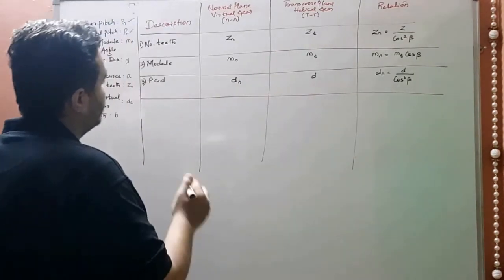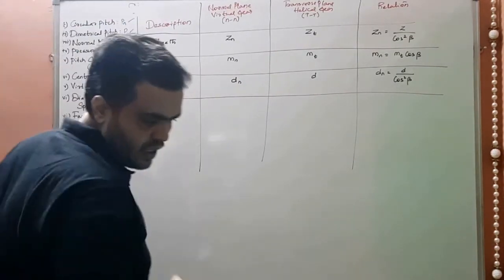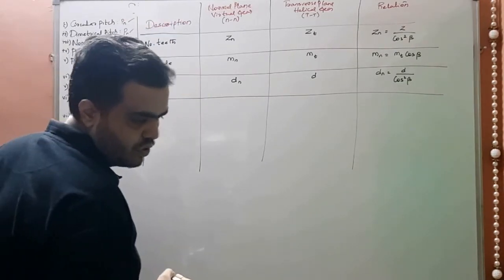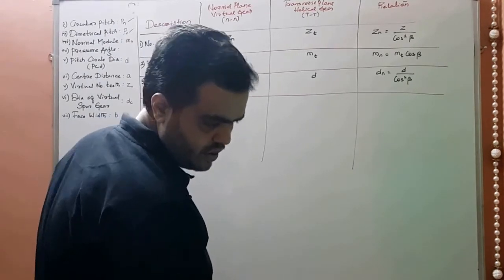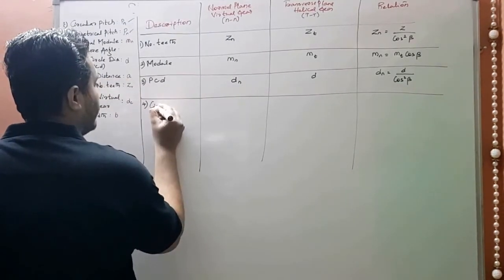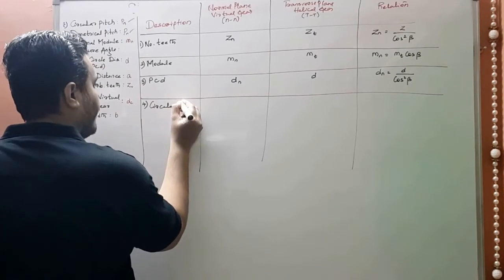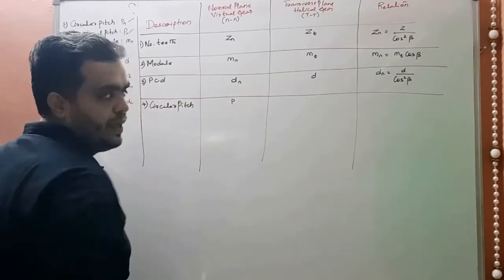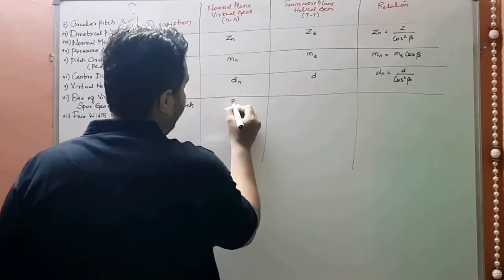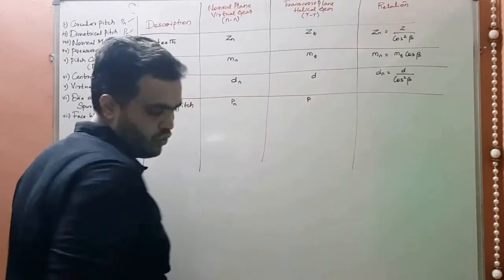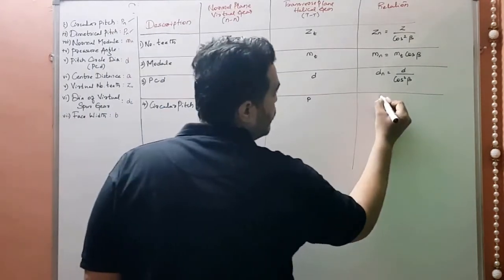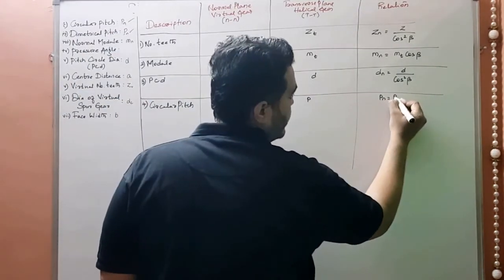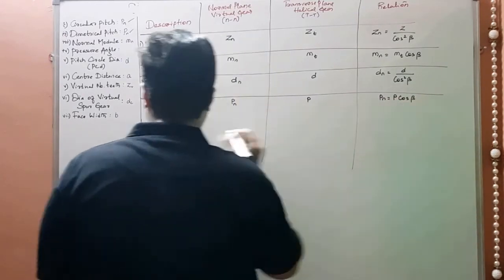Next we have circular pitch, small pn and small p. What is the relation? Pn is equal to p cos beta.